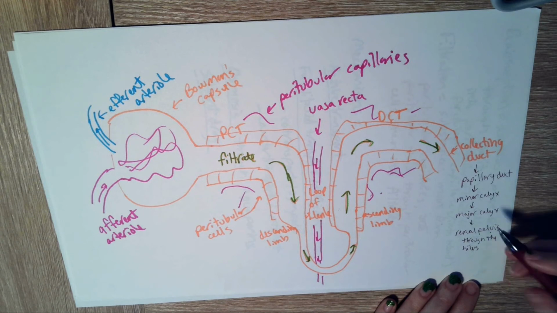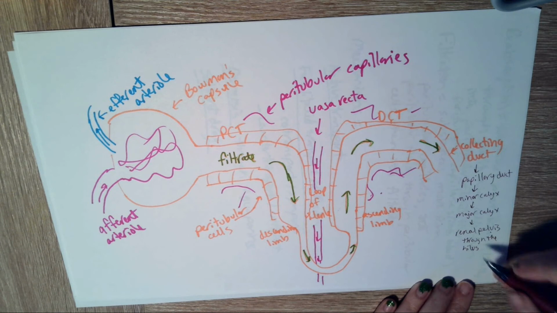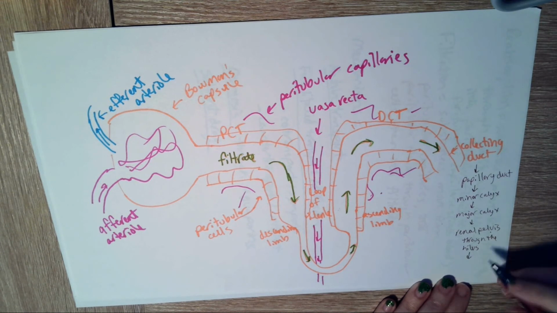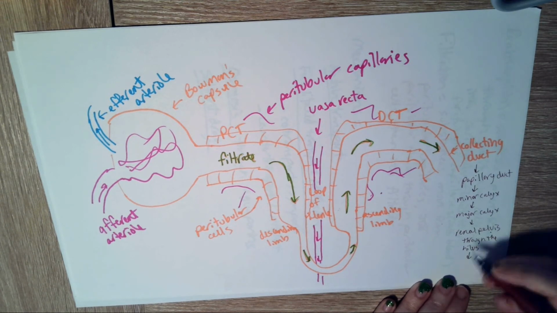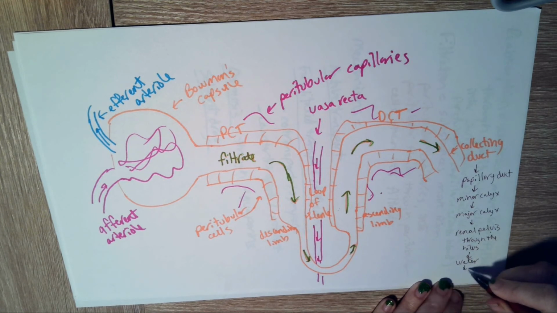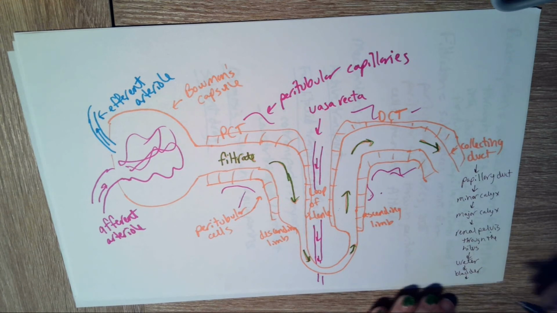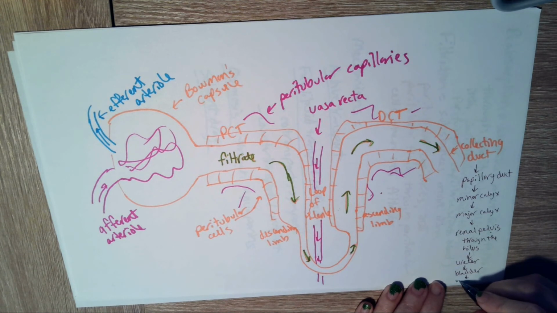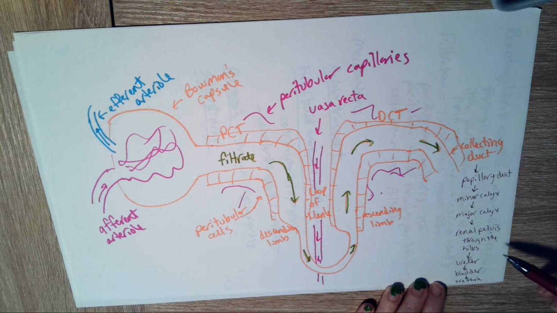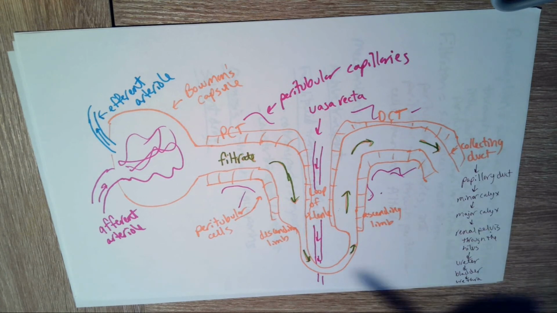The renal pelvis is carrying the filtrate, which is now essentially urine, out of the kidney into a ureter, which leads to the bladder, where it will be stored until micturition, which is urination, occurring through the urethra. So that is the path that our filtrate takes.